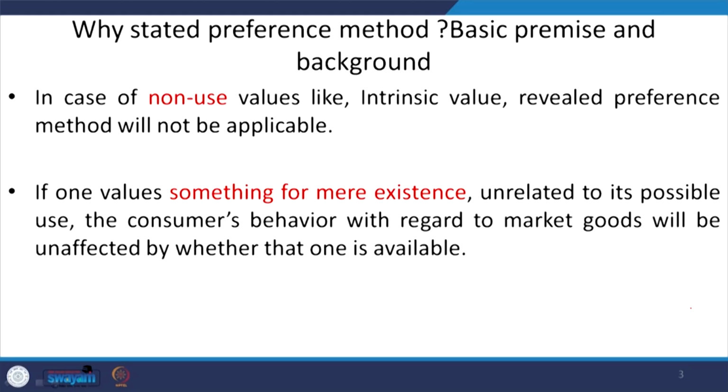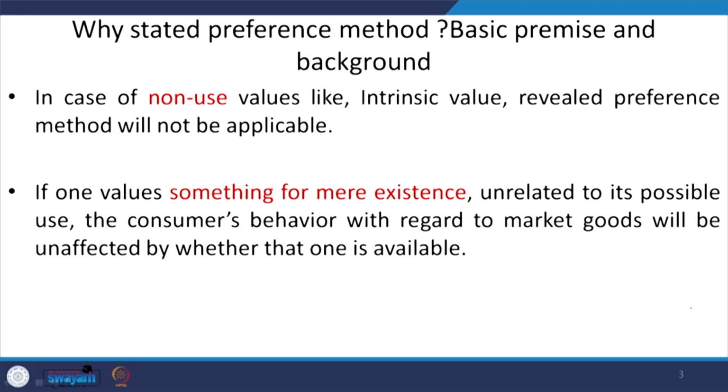We take into account some environmental goods, and then we think about a market good which can be a proxy for these environmental goods, and there we find and follow the consumer's behavior for that market good. In that way we are capable of estimating the use value of those environmental goods and services.